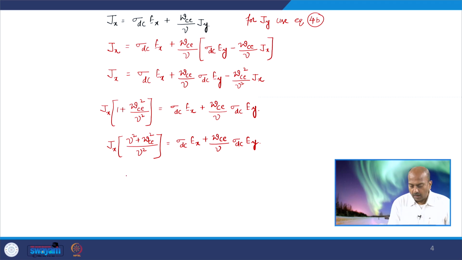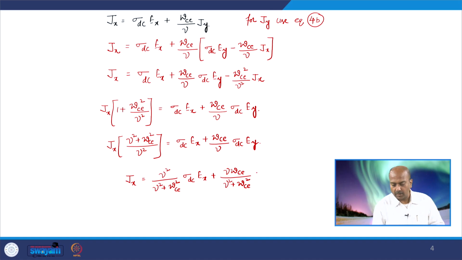Okay. Now we write jx is equal to nu square divided by nu square plus omega ce square times sigma dc times Ex plus omega ce, nu will get cancelled from the denominator, sigma dc into Ey.